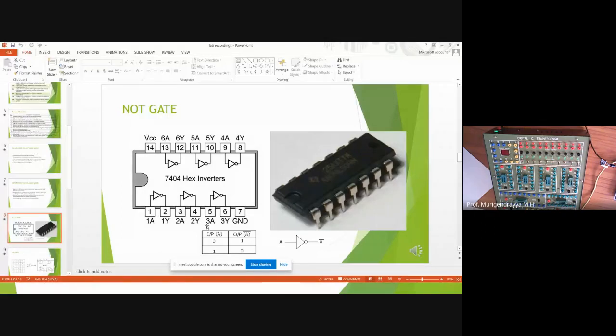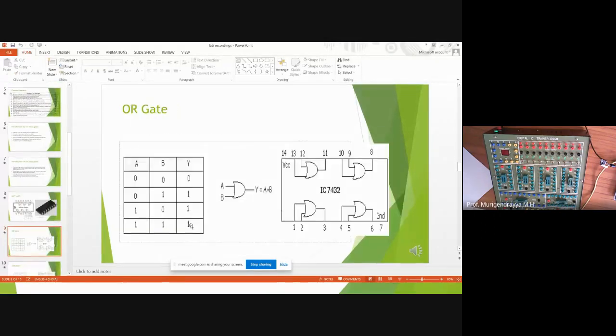Okay. Then similarly, the IC for OR gate is 7432. Even in the actual lab exam, you will get the data sheet for each IC. You can refer to it. So this 7432 is an OR gate IC.